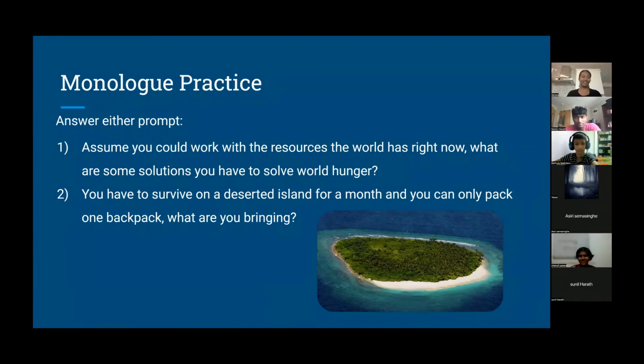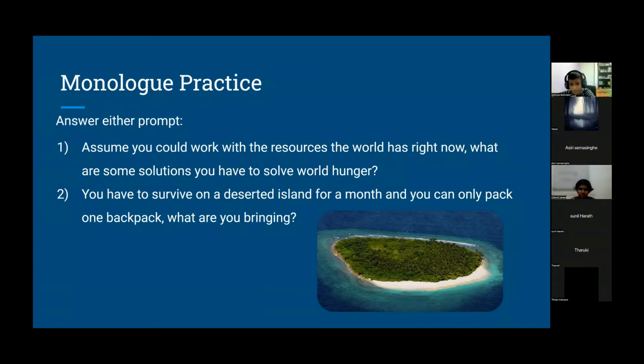Okay, thank you so much for sharing. Nethala, I see you raised your hand, or Chamali, would you like to go? You can answer either prompt. Thank you so much, Esri, by the way. That was a great speech. Would anyone like to answer the second prompt?